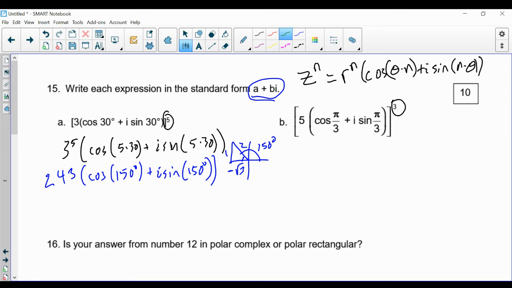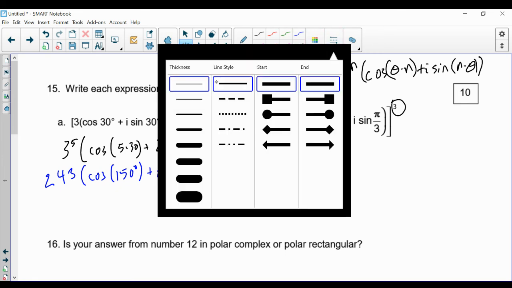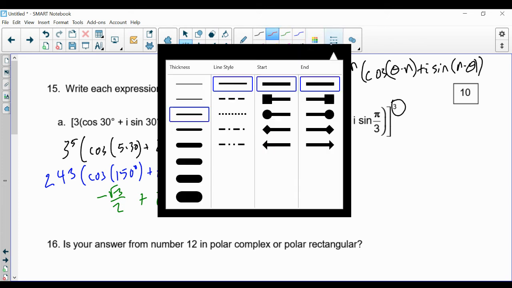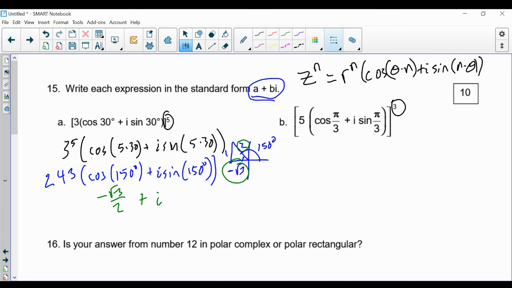Okay, so for cosine, it is adjacent over hypotenuse, so negative root 3 over 2 plus i, and then the sine is opposite over hypotenuse, so 1/2.